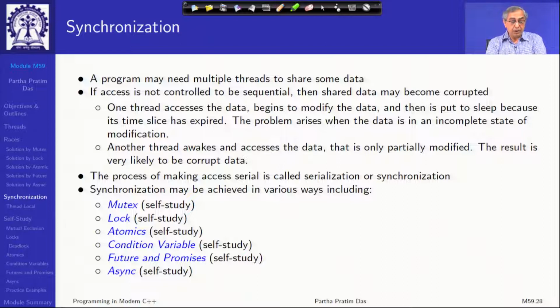This process of making access serial is called serialization or synchronization, and there are several ways of doing that. Except for condition variable, which is particularly used for deadlock prevention, we have seen examples of all the other five, and at the end I have given a self study module for you to go through each one of them, with sample programs attached.